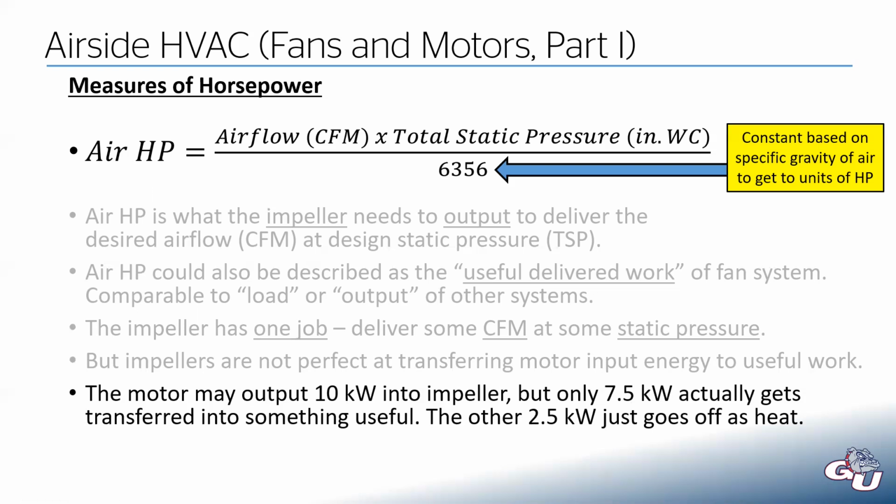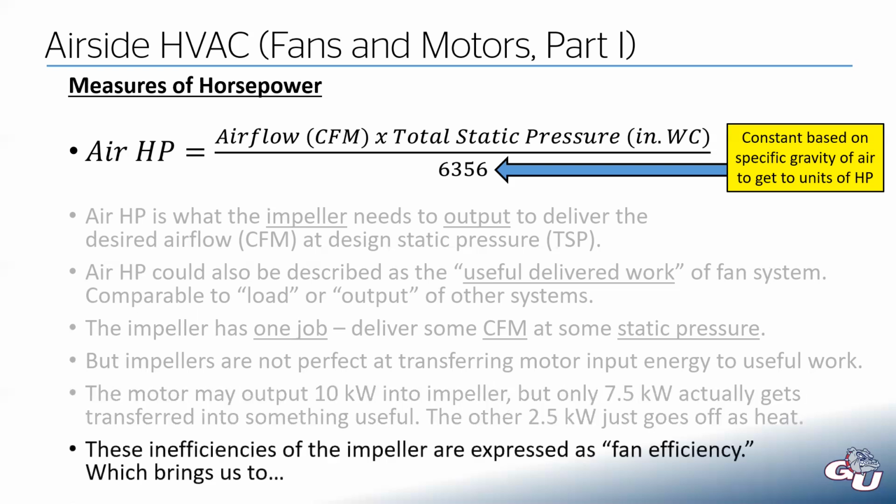So the energy or power you're putting into spinning that impeller, that's not a perfect process. Most of that will become something useful, but some of it is just going to be lost as heat, just because every process we have is inefficient to some degree. And that inefficiency of the impeller, we call that the fan efficiency.